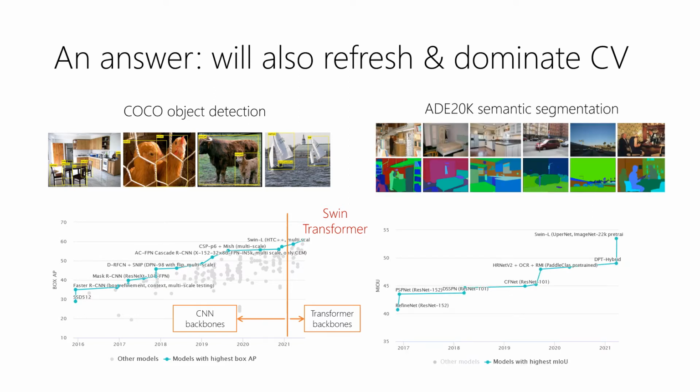Let's say another benchmark about segmentation, a task to produce predictions for every pixel. Also, before this year, all methods are based on a convolutional backbone. Now, transformer backbone surpasses all previous approaches by a large margin, concretely by Swin transformer also.